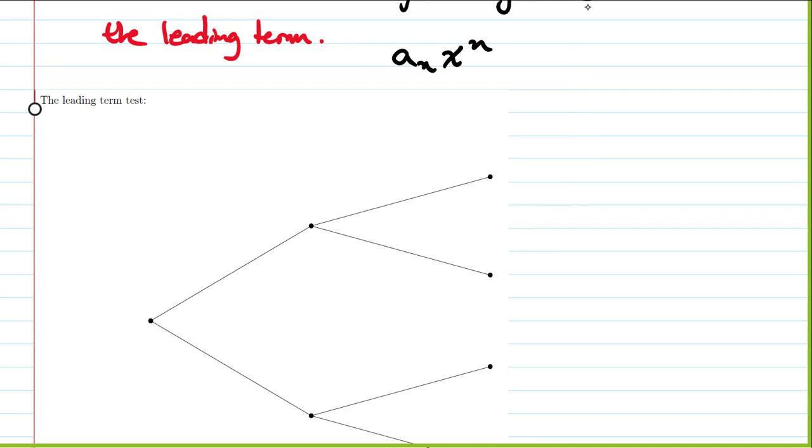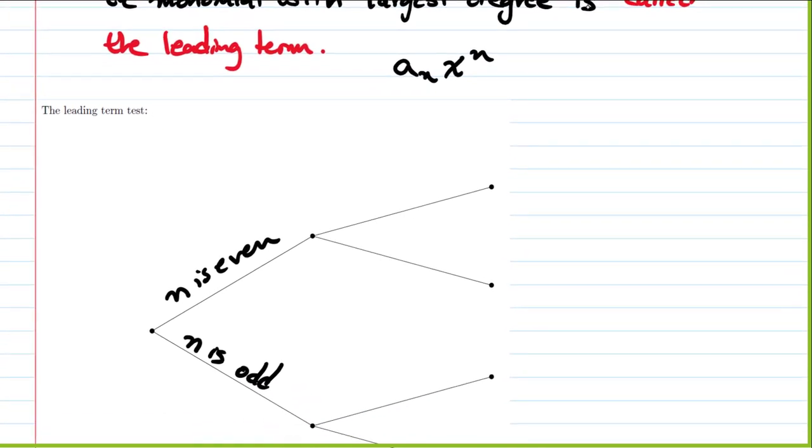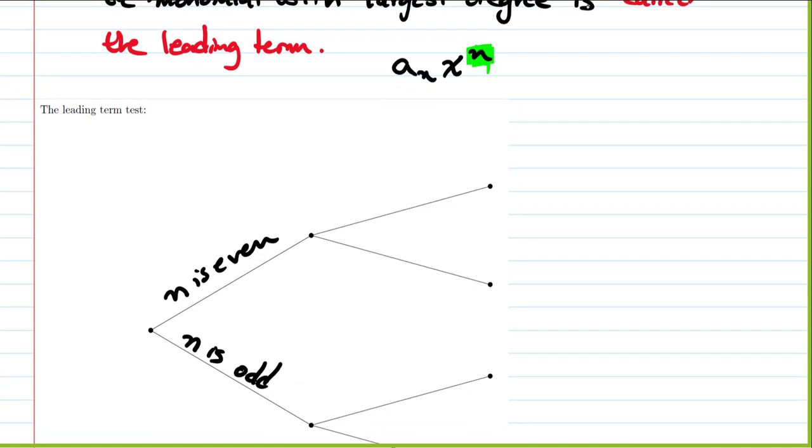So our first thing that we need to check is whether n is even, which means we're going to go up, or n is odd. So in terms of our leading term, the first thing we're going to look at is the n value. If it's even, we're going to take this branch. If it's odd, we're going to take this branch.